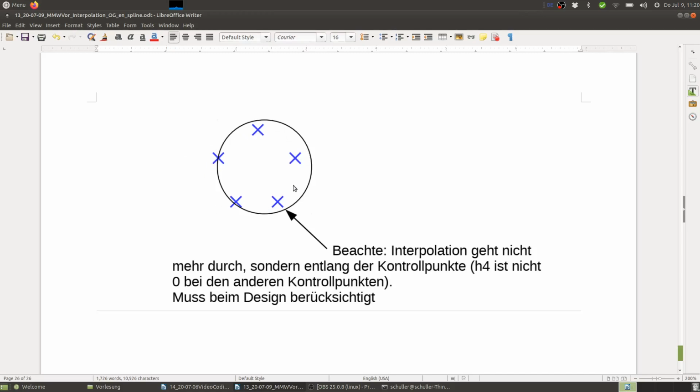So this again is not precise, it's more qualitatively. The point here is that the interpolated curve does not go through those points, but only close to them, right? But you can get the shape that you want by just shifting those control points somewhat, right? So that's basically to be observed in the design of 3D objects, that the control points are close to the interpolated surface but not necessarily on it.